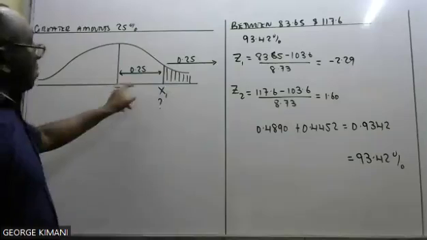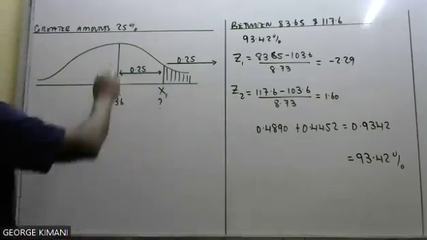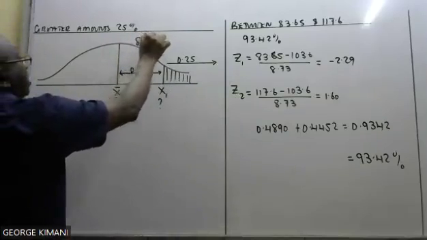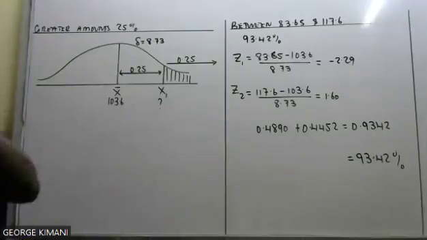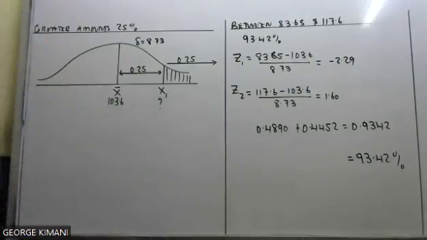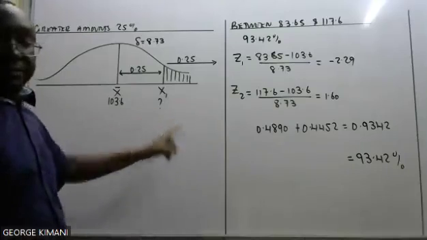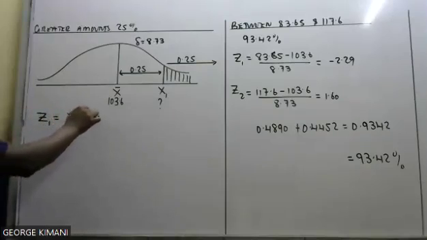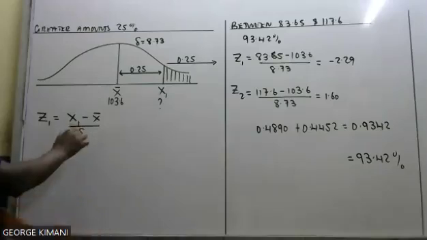It then means that this space here must also be 0.25, because the whole of this from here to the end is 0.5. Our standard deviation is 8.73. So we are looking for this X1. You say Z1 is equal to X1 minus X bar, divided by standard deviation.